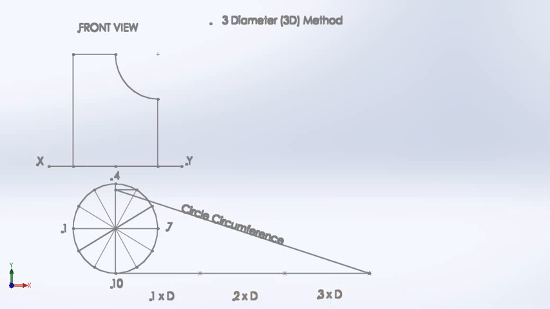Once I've done that, I'm going to be taking the very top corner, which is number 5. Remember, circles don't really have corners, but this point over here, number 5, I'm going to be drawing a horizontal line onto my vertical line over here. It's going to produce this point over here, and I'm going to be connecting this point to the very end of my 3 diameter line.